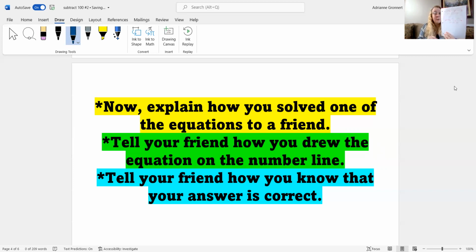Once you finish explaining one of the problems to your friend, let your friend explain how they solved the other problem to you. Really listen. Make sure they're explaining all of the different steps in the process of solving those subtraction equations on the number line.